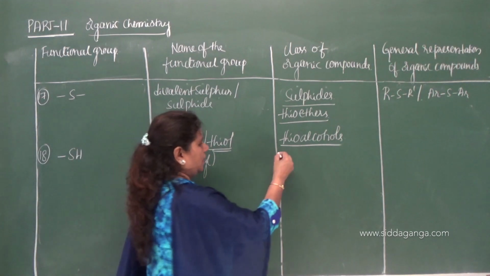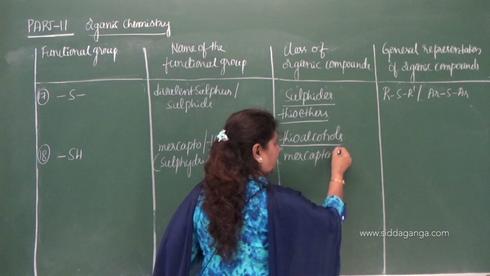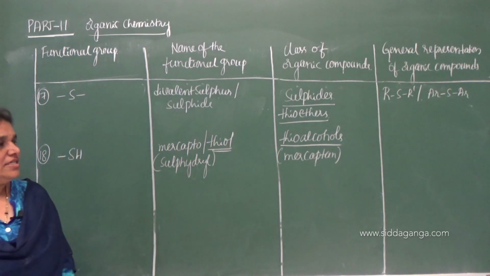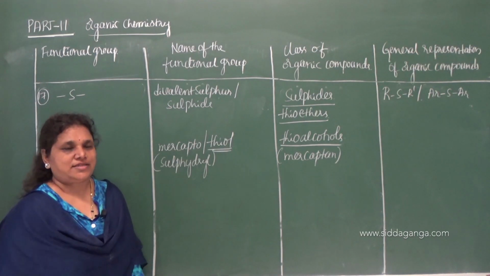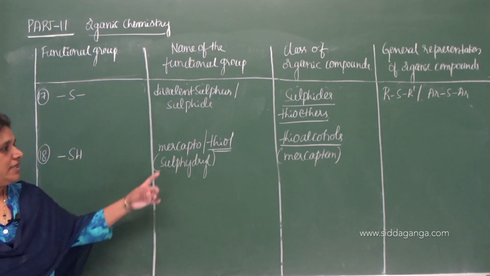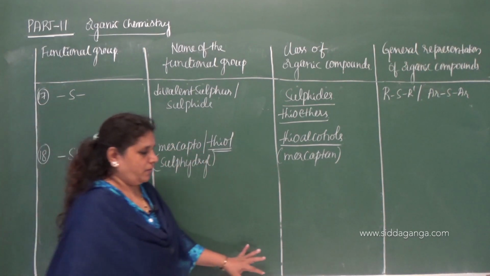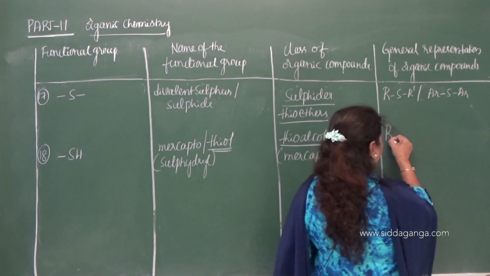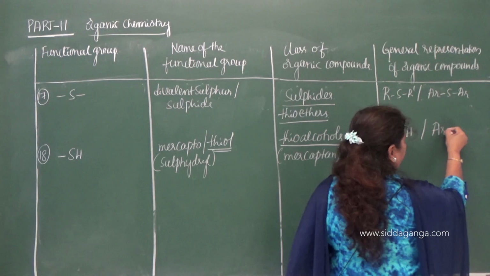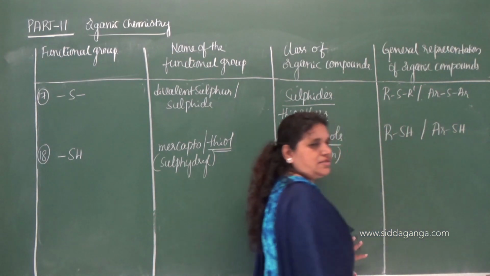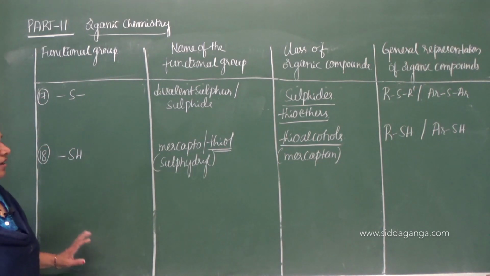And thioalcohols are also called mercaptans. So CH3SH is methyl mercaptan, because it contains a mercapto group or thiol group. Then what is the representation? RSH or ArSH. This is one more class of organic compounds.